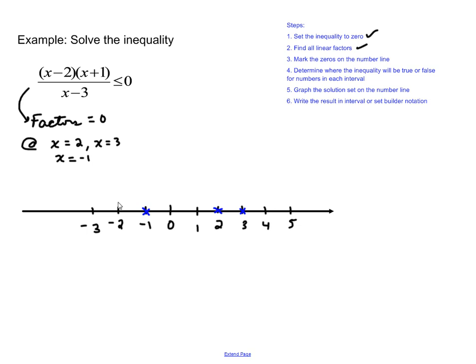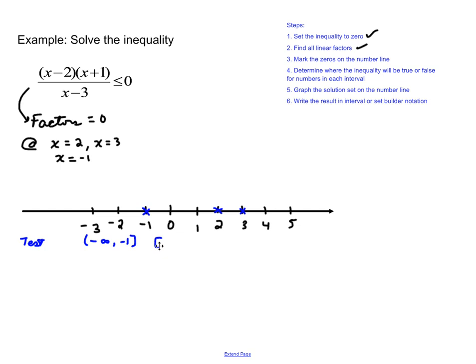Now we've got the number line divided into 1, 2, 3, 4 separate intervals. And so what we're going to do is set up our test intervals. We want to test to see if the interval from -infinity to -1, possibly including -1, is part of the solution set.